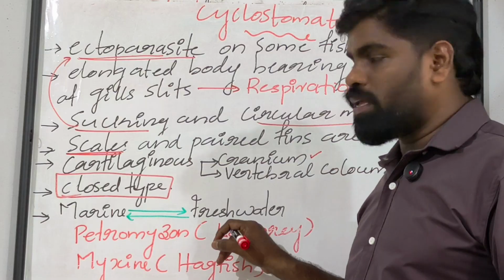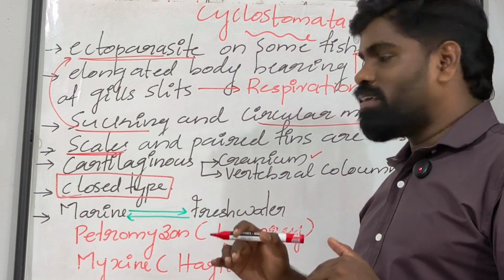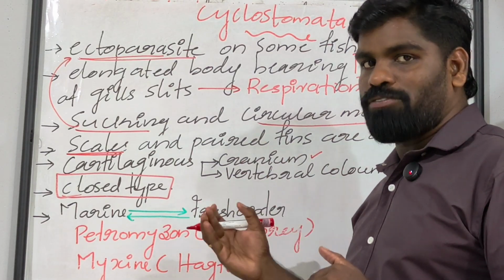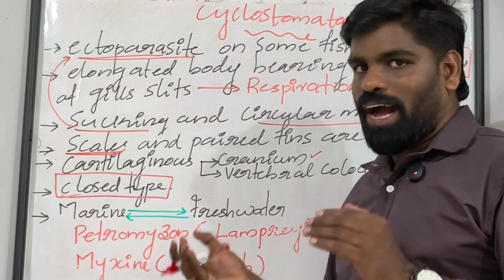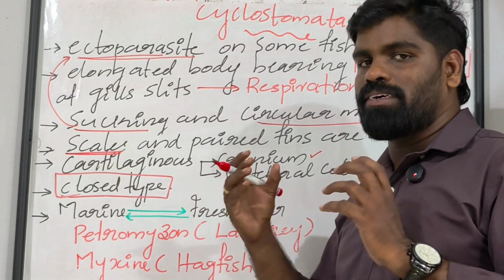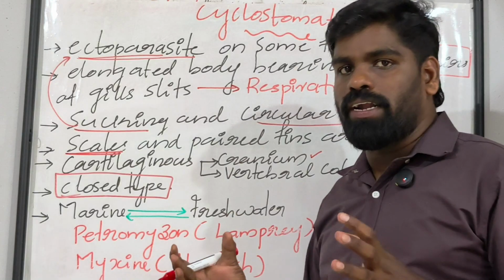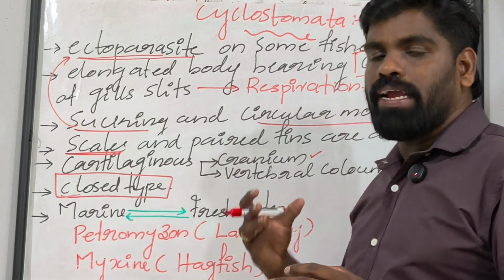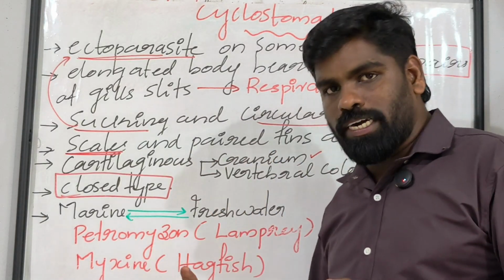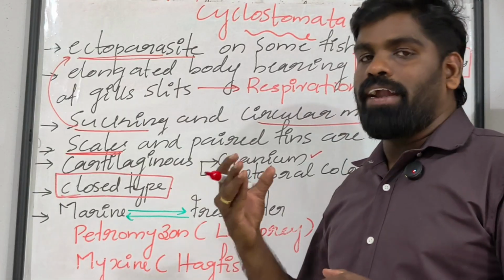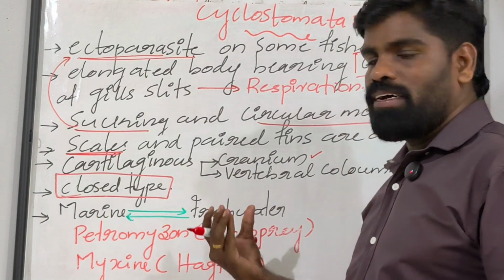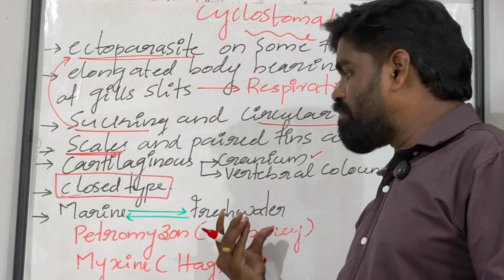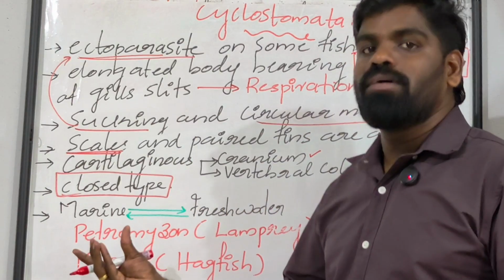After a few days of spawning, the adults will die, and the larvae convert into adults after metamorphosis. Then the adult cyclostomes migrate from freshwater to marine.